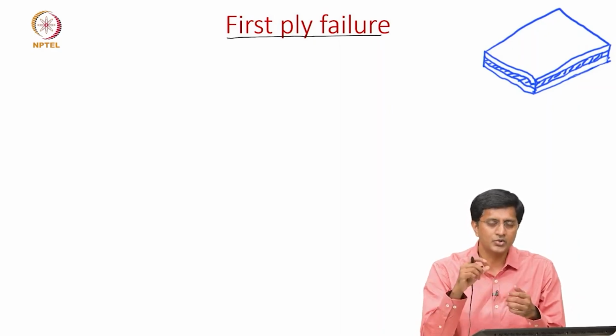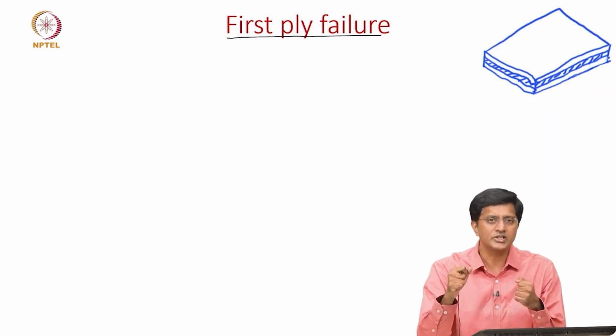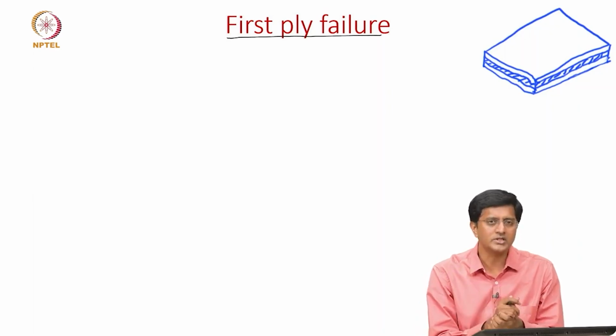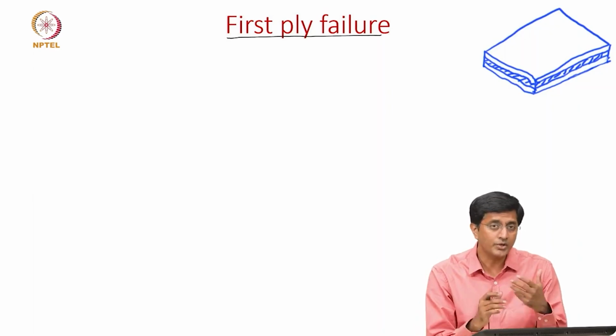Usually once the first layer fails, the rest of the layers take the load and continue to sustain it. So you can apply higher loads even after the first ply failure. But on this slide, let's focus on how to predict when this first layer fails.